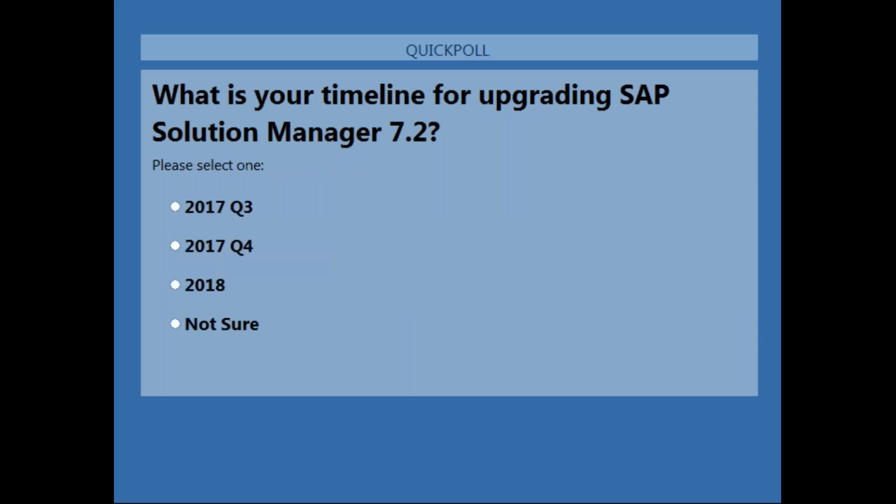Solution Manager 7.2 has been available in ramp up for about a year now, and a lot of customers have already upgraded to 7.2 and are using the functionality, but there's still a vast majority that has not.